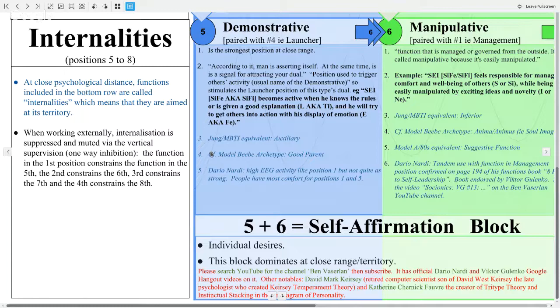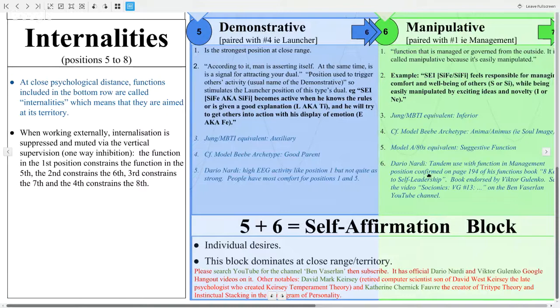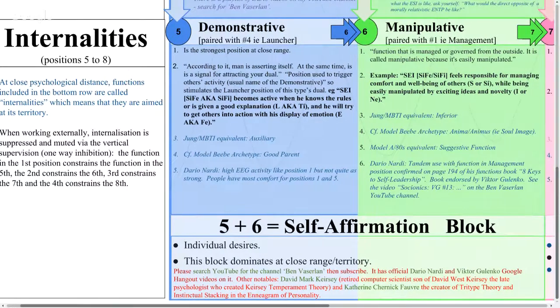3. The Jungian equivalent is auxiliary. Beebe equivalent, good parent. Dario, high EEG activity, like position 1, but not quite as strong. People have most comfort for positions 1 and 5. Manipulative, aka the inferior function.